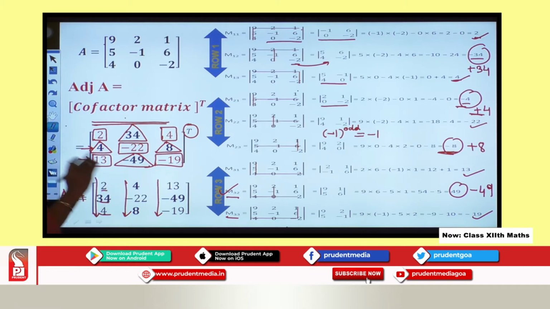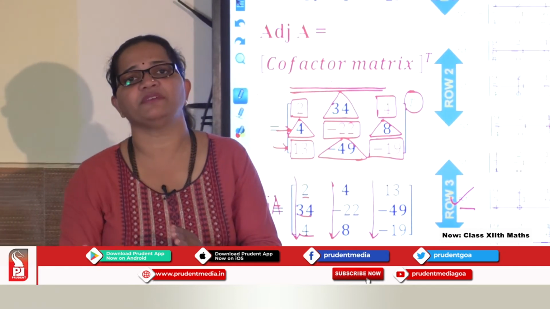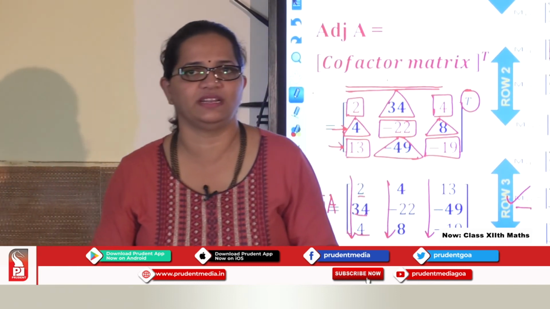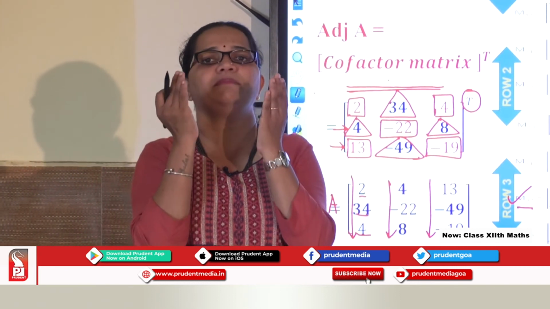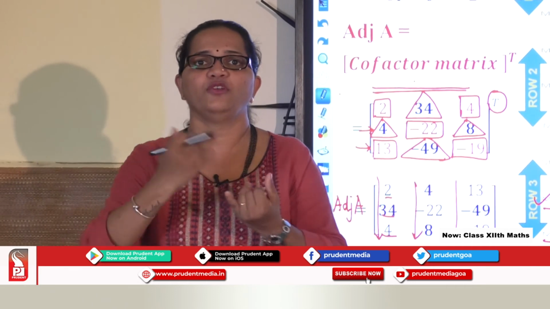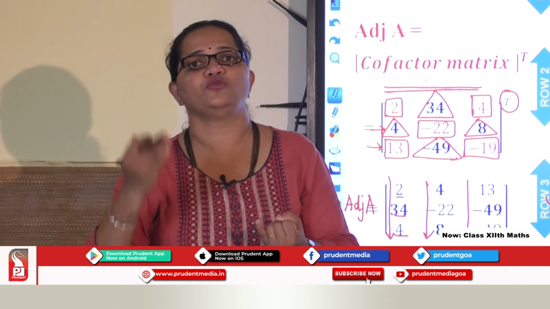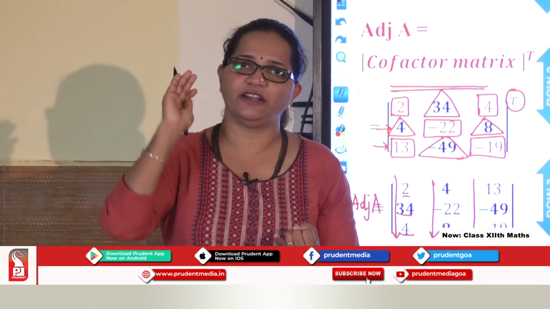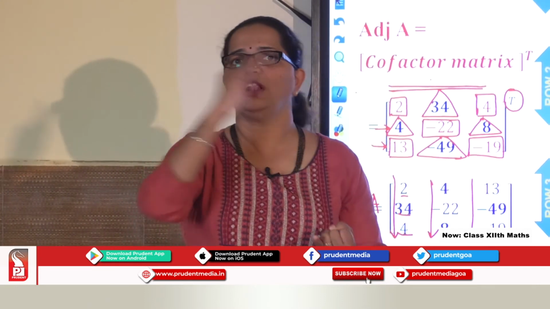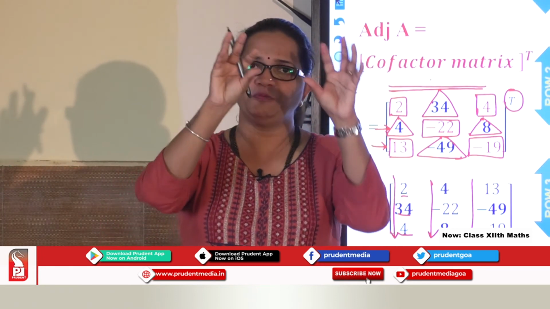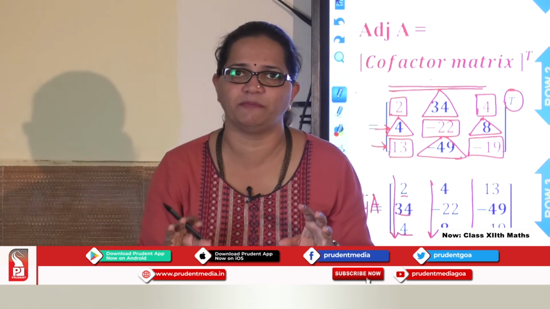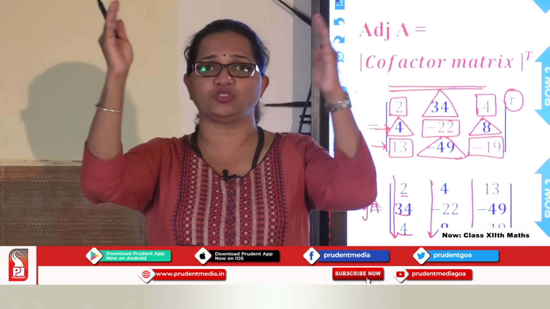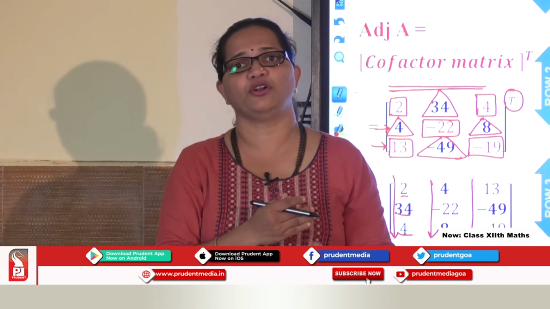Okay, so this is a little lengthy procedure, but you must do it. There is no option left. The moment you get a matrix of order 3, you must proceed further to get minors. And from minors, you must get cofactors of all 9 elements and place them in corresponding places, and then you must take the transpose of the matrix you get.